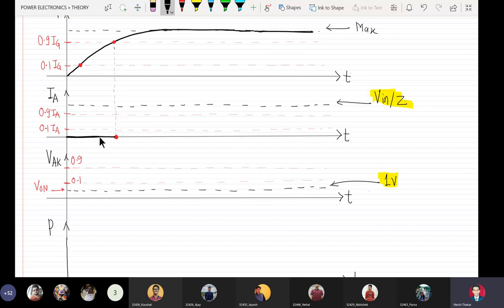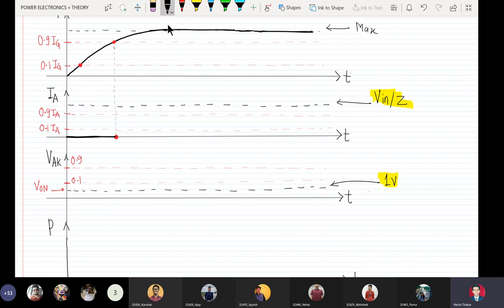Anode current will be 0. So till the gate current doesn't reach 90% of its final value, anode current will not start increasing. So the time interval between the anode current IA reaching 10% of its value and the instant at which the gate current reaches 90% of value is called as a delay time.